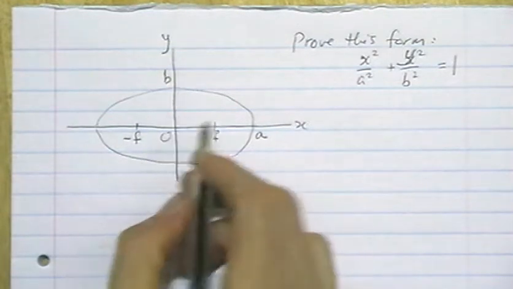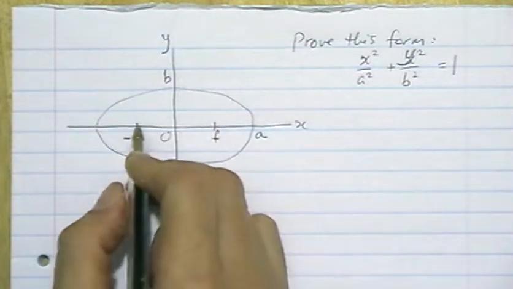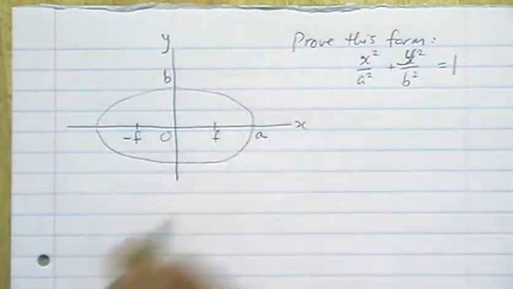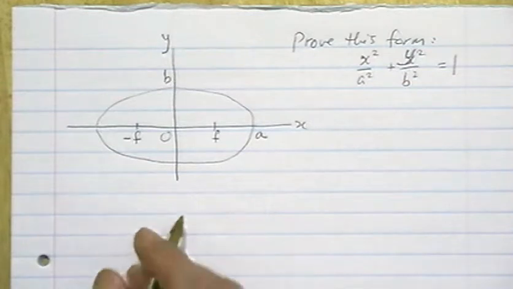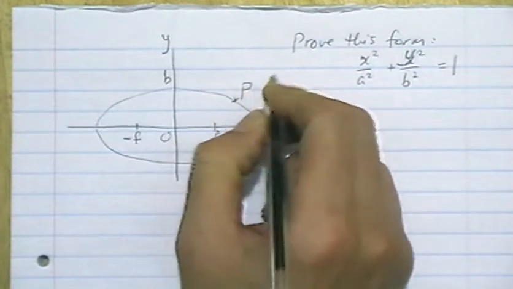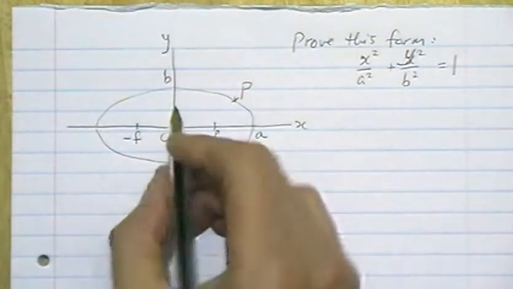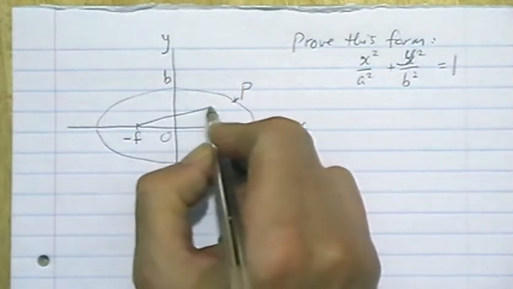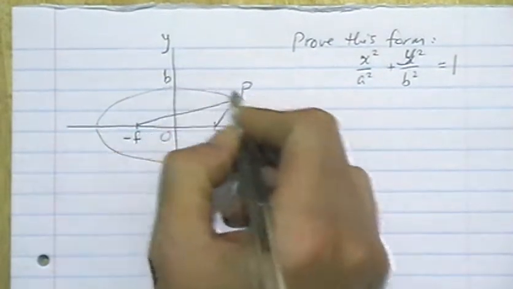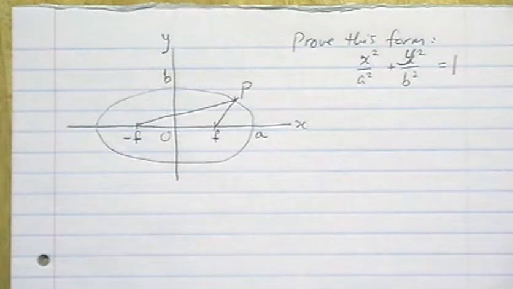Since this is an ellipse, and since I have let those two points be the foci, then if I consider any point P on the ellipse, the sum of this line and this line must be a constant no matter where that point is.